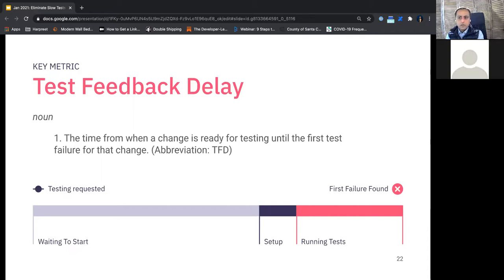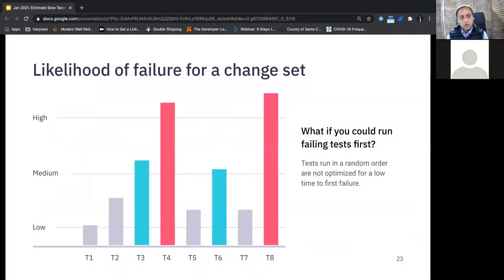And we are focused on reducing it. The way we started thinking about reducing it is to think about all your tests, maybe your test suite today. Envision that it has a bunch of tests, in this case 8 tests.